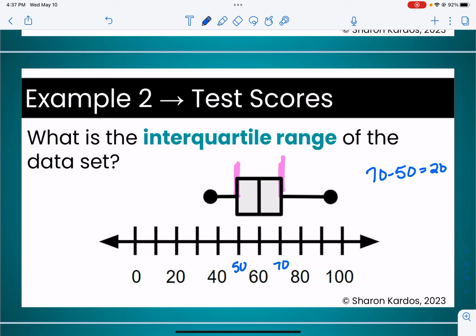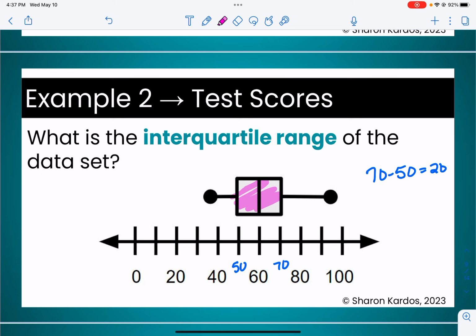So as a teacher, as I'm looking at this data, I would say, wow, these students didn't do very well on this test because that's somewhere in the DF range, low C. So I definitely need to go back and reteach this material because I can see that the middle 50% of my students got between the 50 and the 70%.